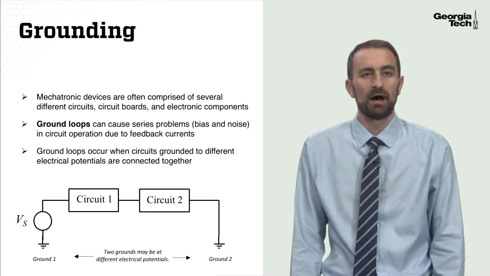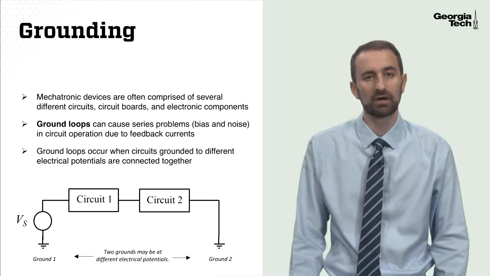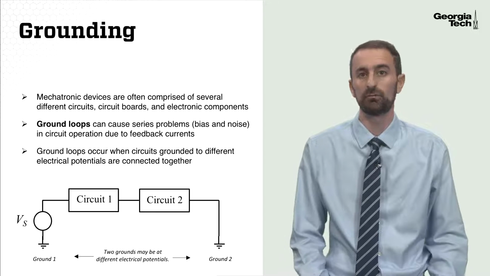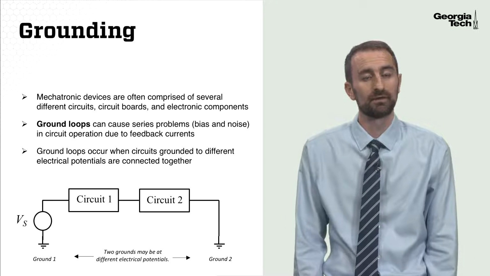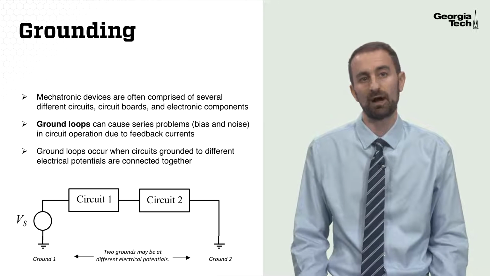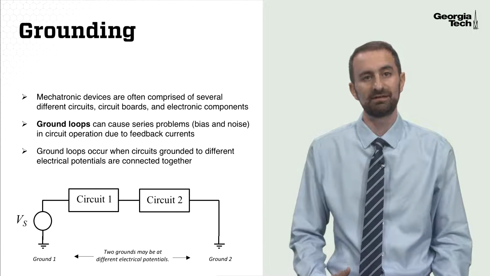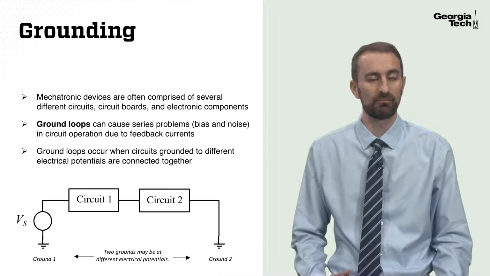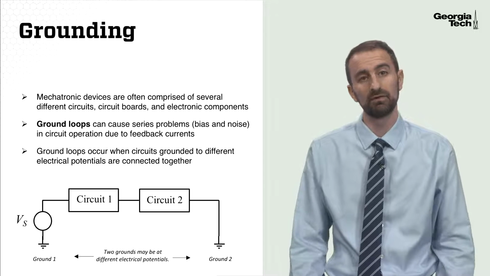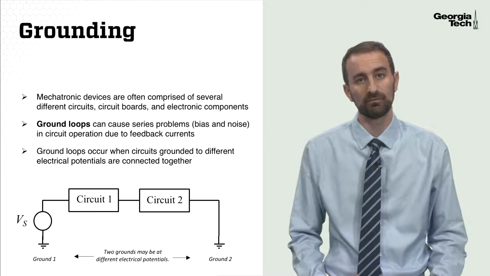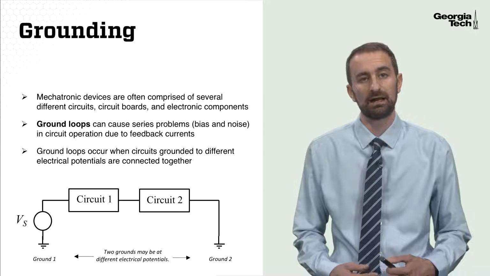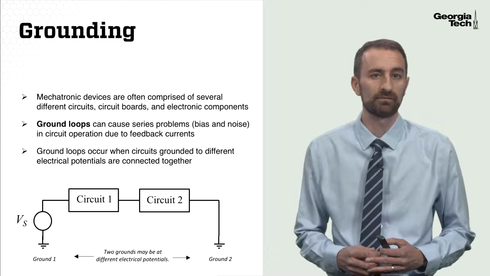Before wrapping up, I want to talk briefly about grounding. In mechatronic devices, it's common that we have several different circuit components and circuit boards connected together. It's important that we ground each of these circuit components to the same common ground. If they're grounded to different items on the device, maybe different components, that can set up what's called a ground loop, which can cause serious problems, for instance noise or bias in our circuits, and cause problems in the operation of our device.